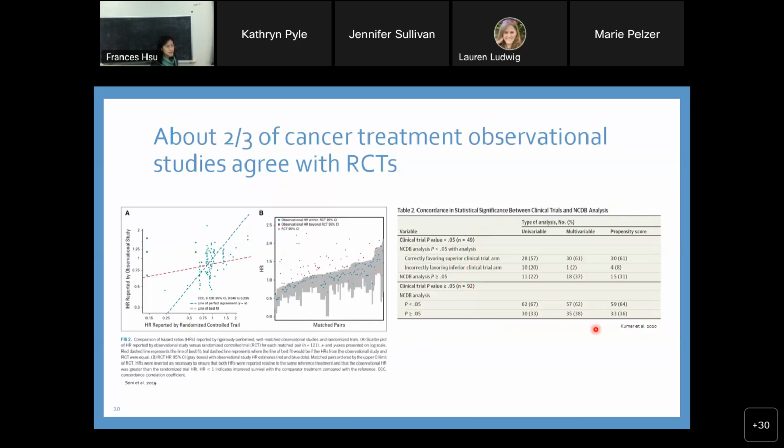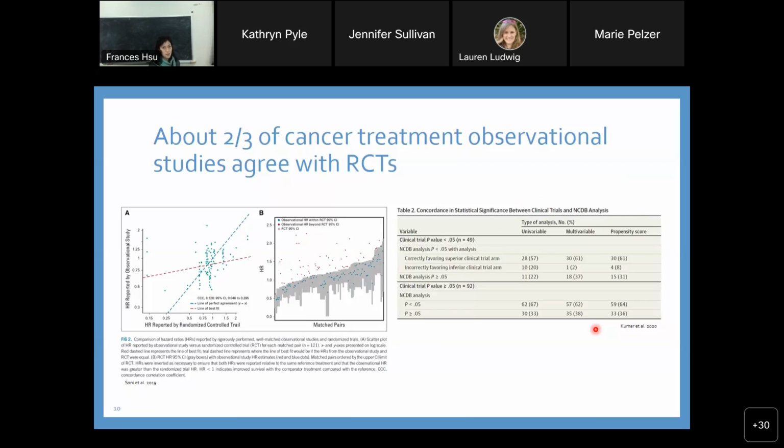For each comparison, they tested 3 models: a simple univariate, an adjusted multivariable, and a propensity score adjusted model. For a primary outcome of concordance, only 70% of multivariable models and 64% of propensity score adjusted models' hazard ratio falls within the 95% confidence interval reported by RCT.